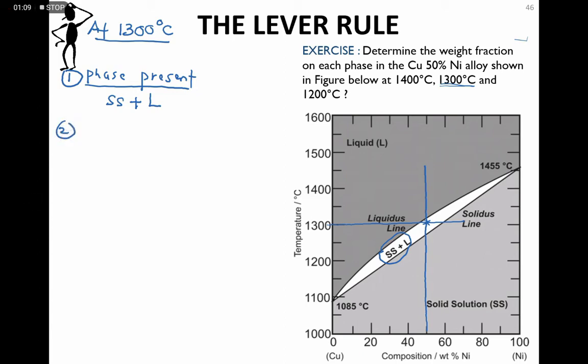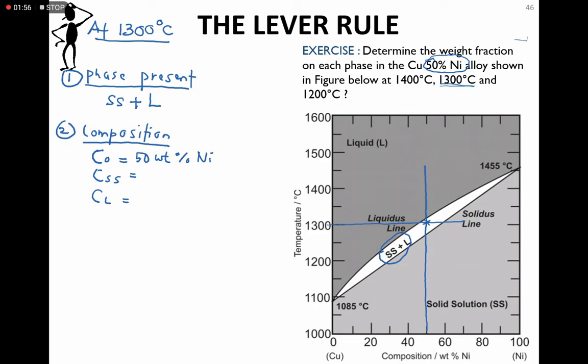Second, find the composition. You need to find C0, CSS, and also CL. C0 is your initial composition, 50 percent of nickel.